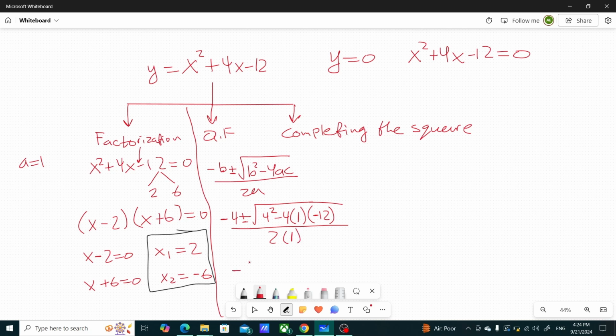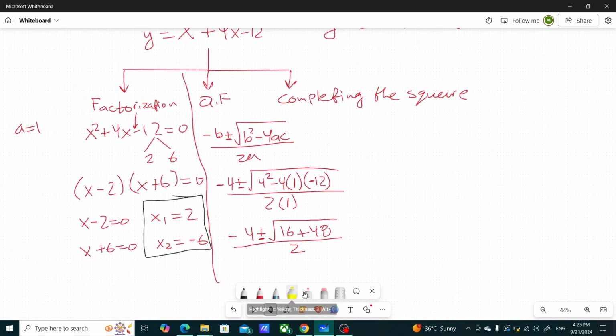So it's going to be minus 4 plus or minus square root of 4 squared is 16, minus 4 times 1 times minus 12, which is going to give me a positive answer of 48. So it's going to be 16 and then plus 48, because negative 4 times negative 12 is 48, over 2 multiply 1 is 2.